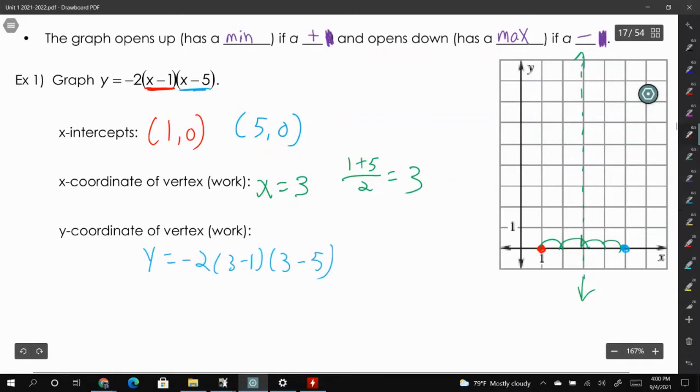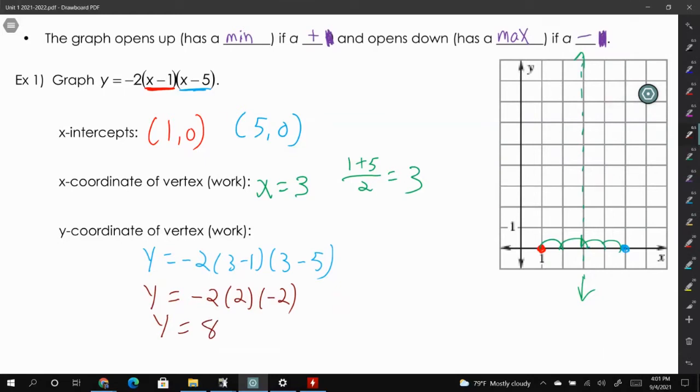So you could do this in your head, or you could do it in the calculator, or you could write it out. You get y equals positive 8. So the y-coordinate of the vertex is 8. The x-coordinate was 3, so our vertex will be at 3 comma 8.